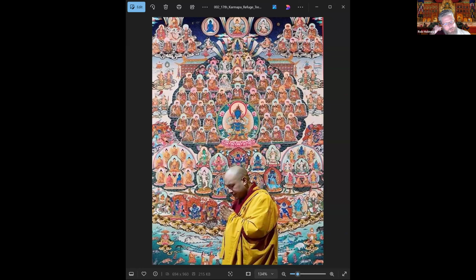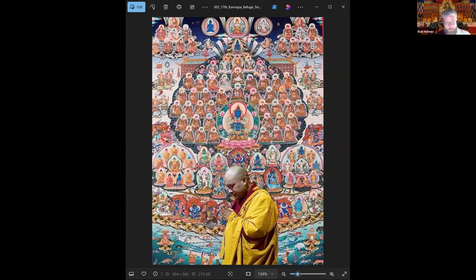The prophecy by Guru Rinpoche on the Karmapas can be found listed in a treasury by Chokgyur Dechen Lingpa. So he was prophesied by the Buddha, and later Guru Rinpoche expounded on the details of the individual Karmapas, the 21 Karmapas.